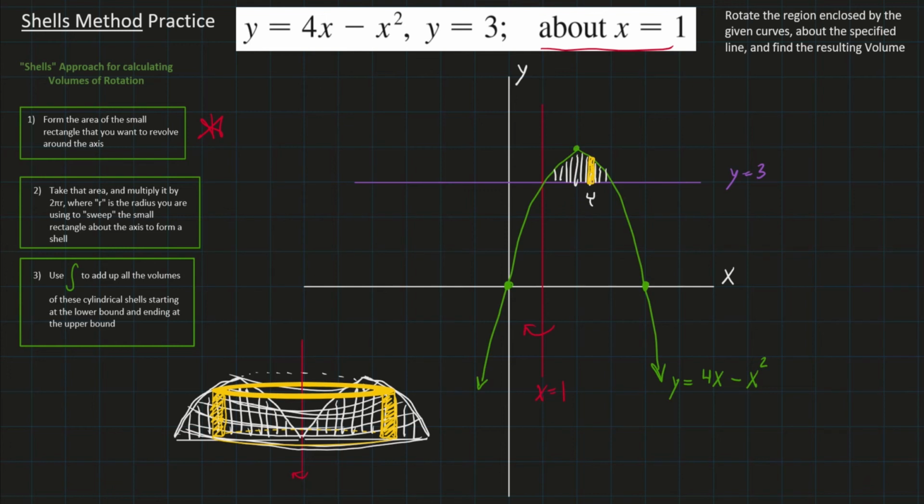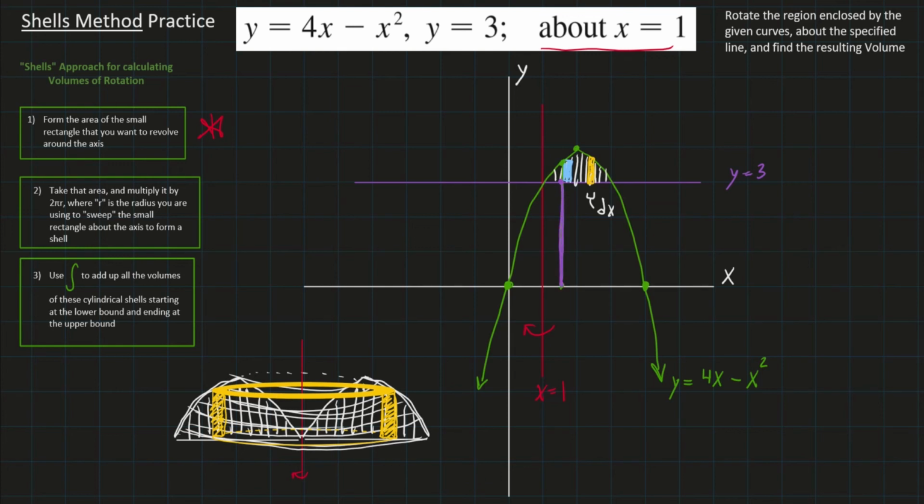So its width will be dx. And it looks like its length will be the difference between the green y-coordinates and my purple y-coordinates. It looks like it'll work in all cases. Same thing for this blue rectangle. The length of this rectangle will be the green y-coordinate minus the purple y-coordinate.